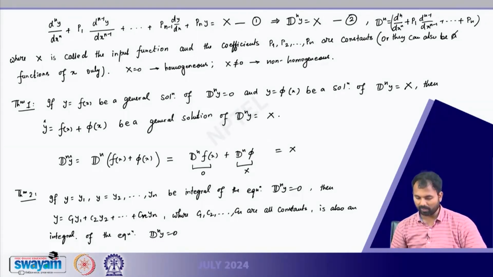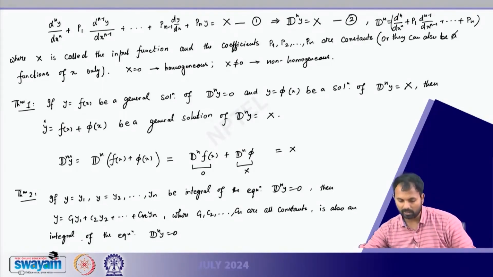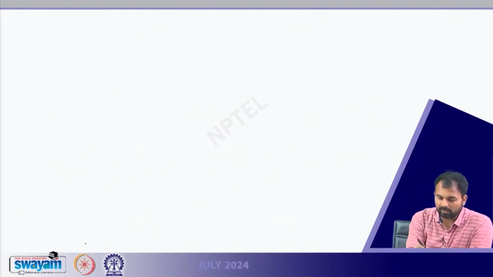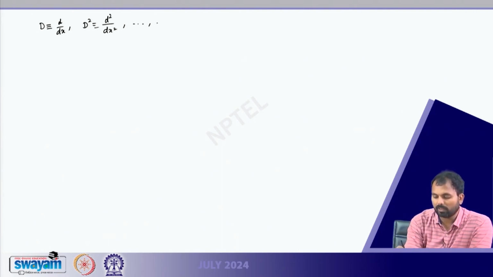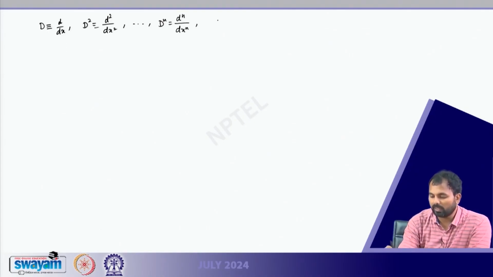We can proceed further. I also mentioned that every now and then I will use capital D as d/dx, then capital D squared as d squared by dx squared, and this will keep going, and we will use capital Dn equals dn by dxn, whereas this bold Dn is that linear combination.